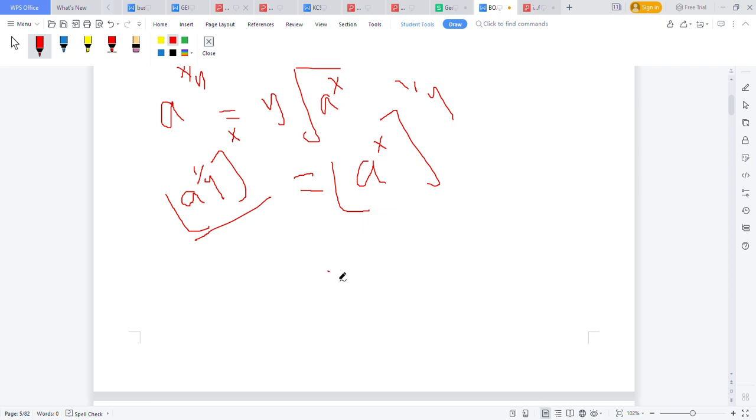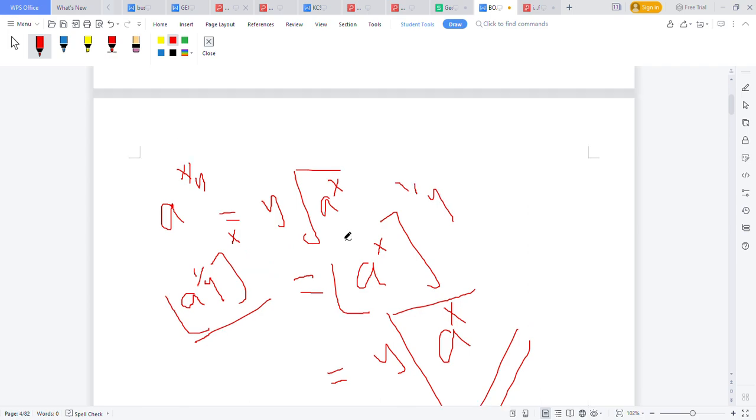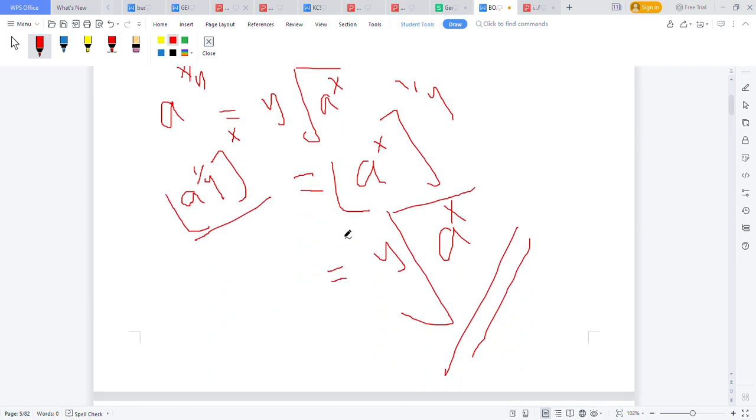So now you are going to have the y root of a raised to power x, and that is how that particular law comes about. So that is what you're supposed to know. So that is okay.